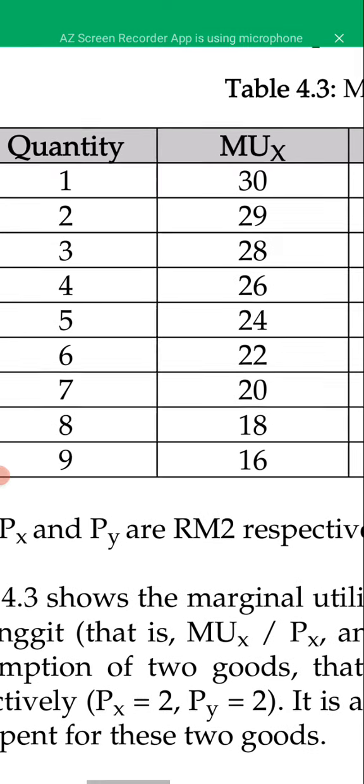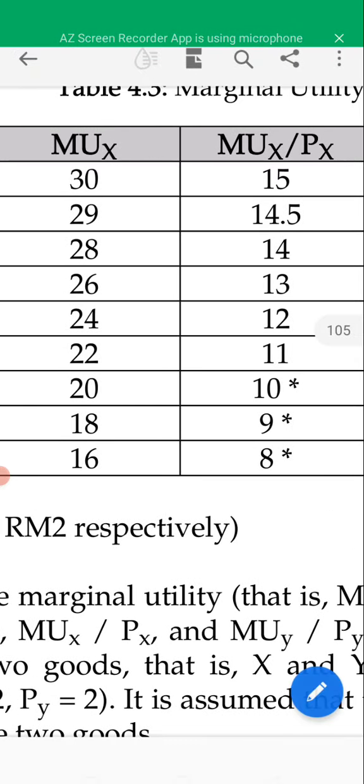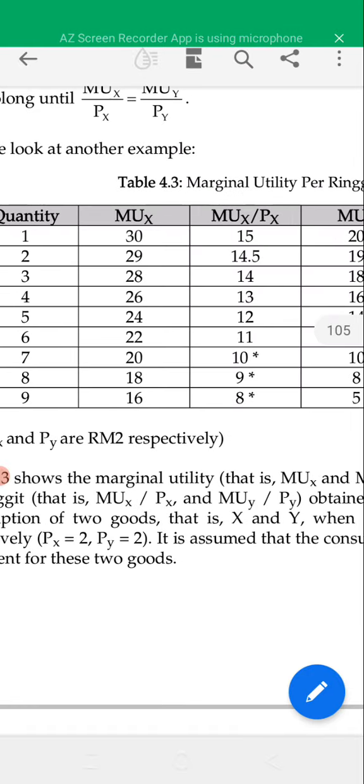Given this table, you can calculate MUX over PX. Both prices are just 2. You can see how they were getting MUX over PX: they were just dividing by the price of X, which is 2. For the first one, MUX is 30, meaning MUX over PX will be equal to 15. For the next one, it is 29 divided by 2.